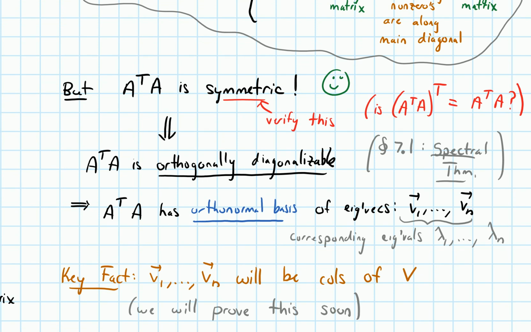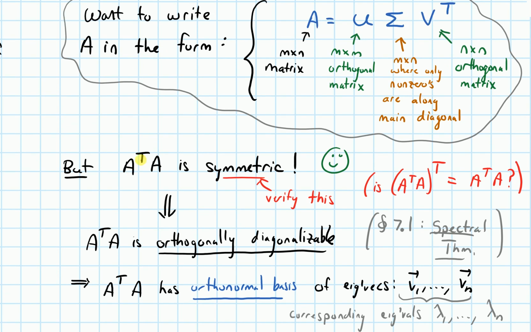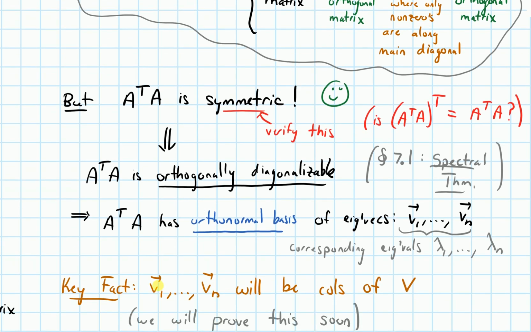These eigenvectors are eigenvectors of A transpose A. But we're trying to find a singular value decomposition for the matrix A, not for A transpose times A. So next I want to talk about how we connect these eigenvectors, V1 up to Vn, to A.